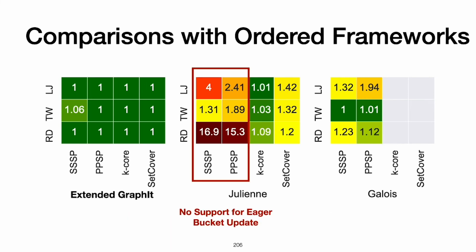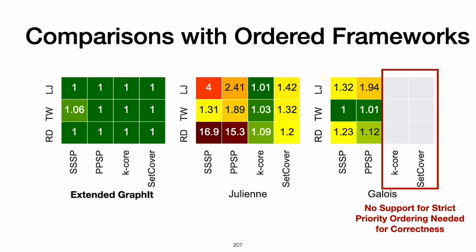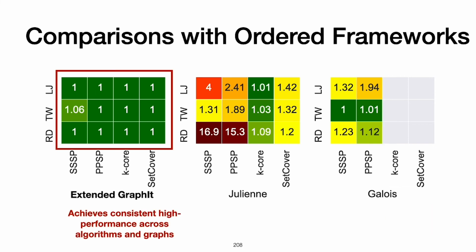What we are showing here is Julienne does not support eager bucket update, so when eager bucket update is needed, it's not getting good performance. And Gunrock does not support strict priority ordering, so for some algorithms that require strict priority ordering, we could not get the correct result. So we couldn't do it with Gunrock. And again, with GraphIt, we can achieve consistently high performance across all these benchmarks and all the graphs.